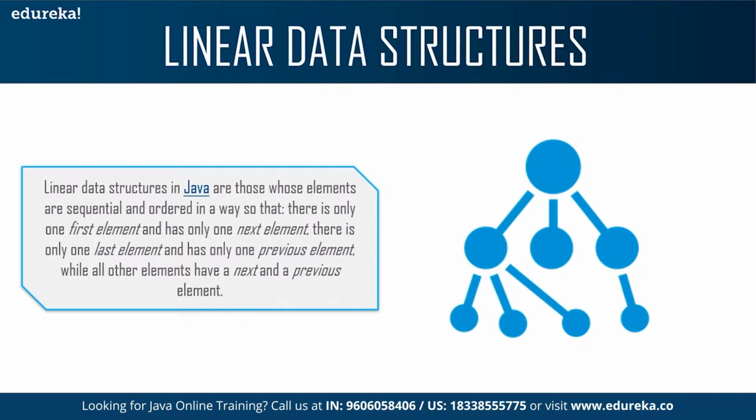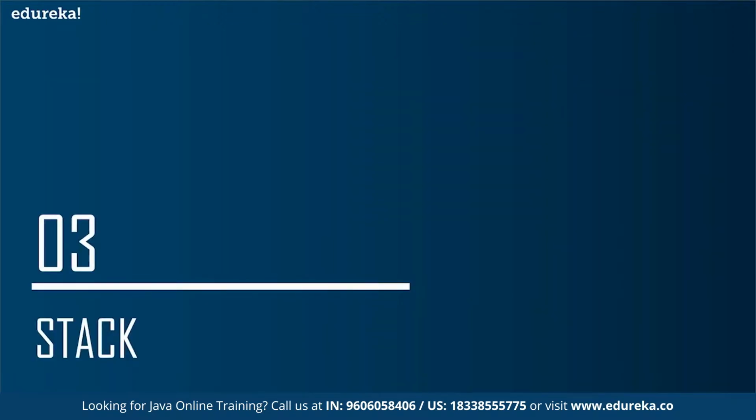There cannot be any multiple previous elements or multiple next elements. Note that there is only one previous and one next element. Simple. So based on these categories, linear data structures are divided into stack, queue, and linked list.